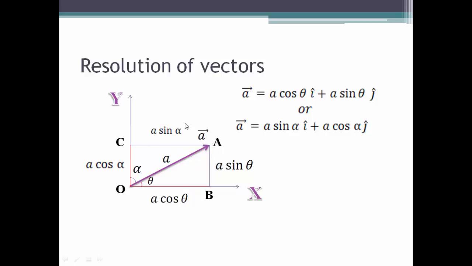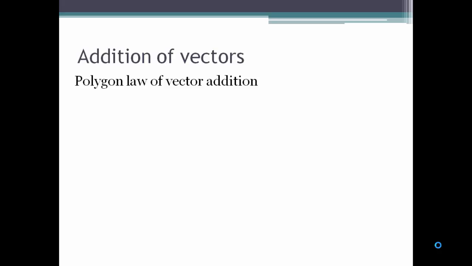About addition of vectors, first we shall see polygon law of vector addition. For 4 vectors A, B, C and D, here the angle of the arrow represents their direction and the length represents their magnitude.